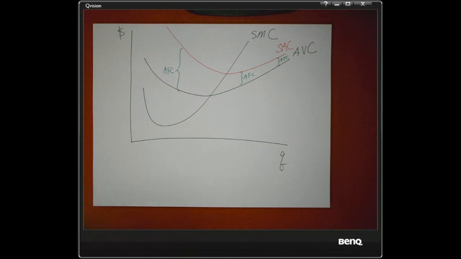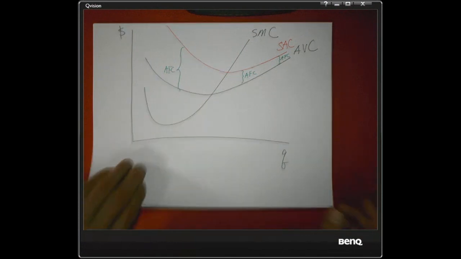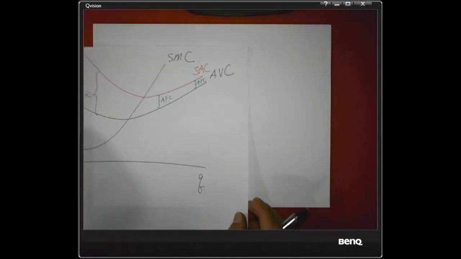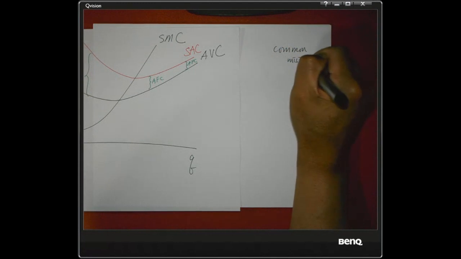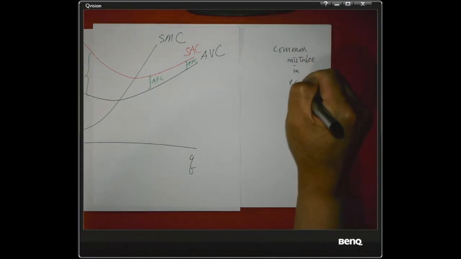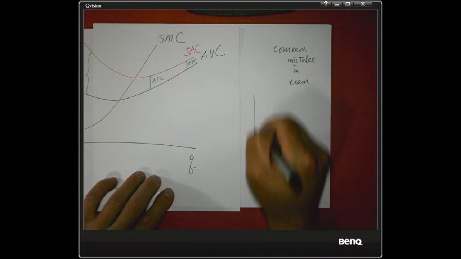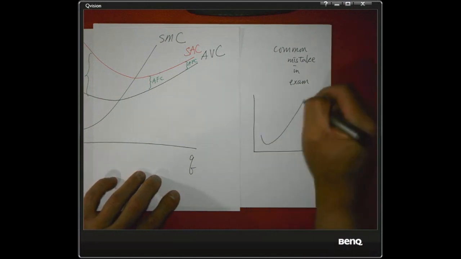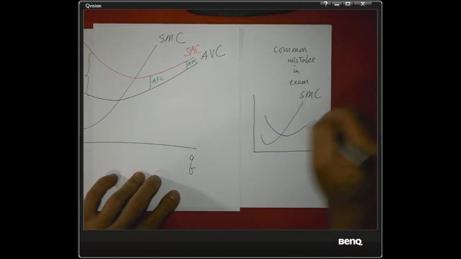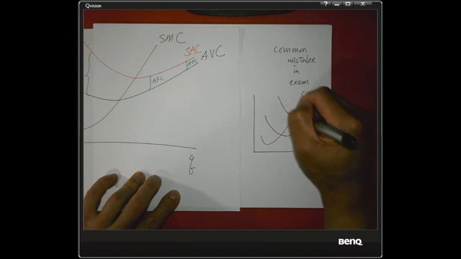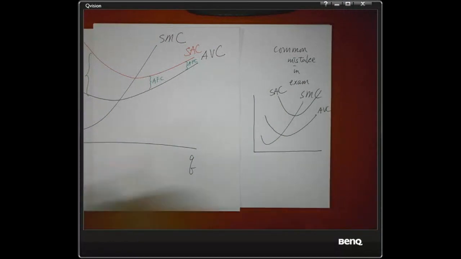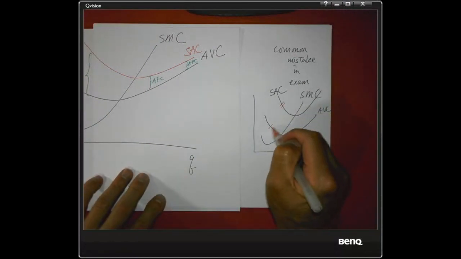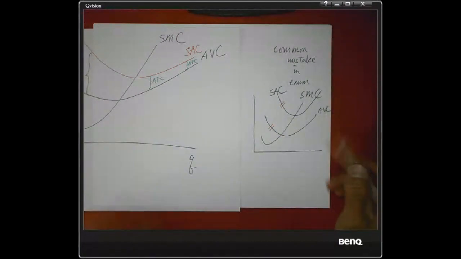Now, a common mistake in the exam. A lot of the time, students draw this graph: short run marginal cost, average variable cost, short run average cost, as if the short run average cost and the average variable cost are parallel.